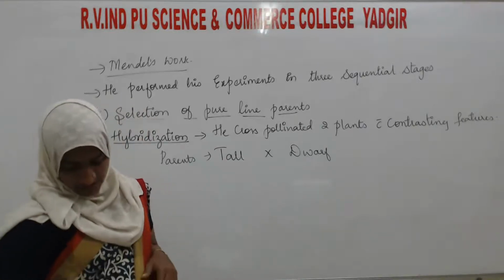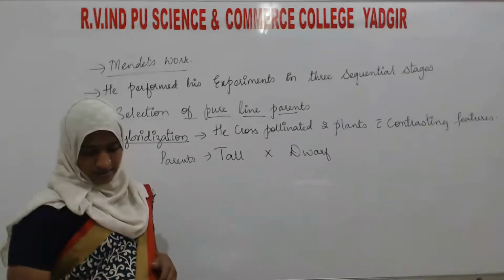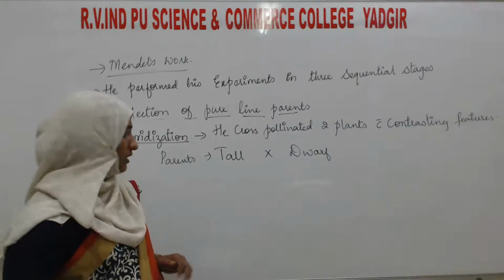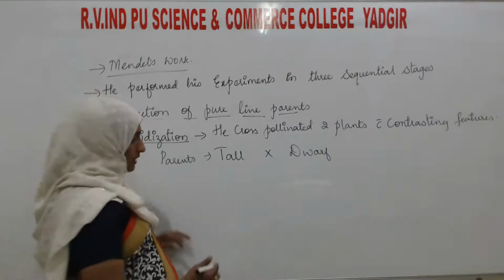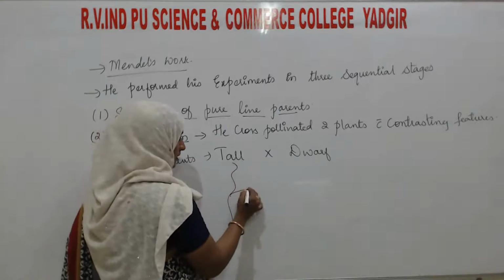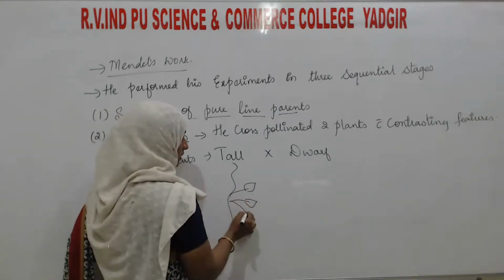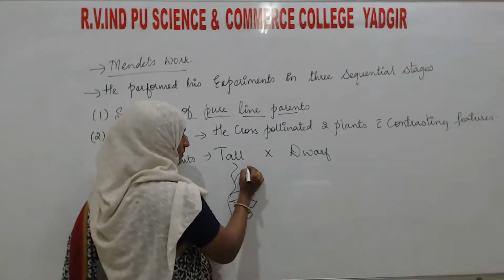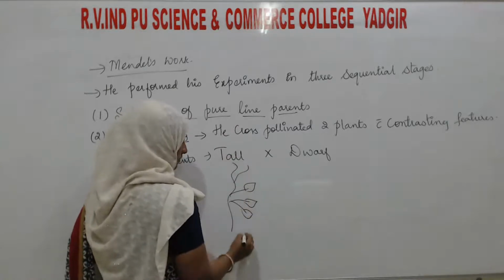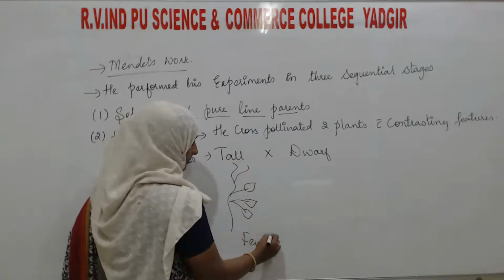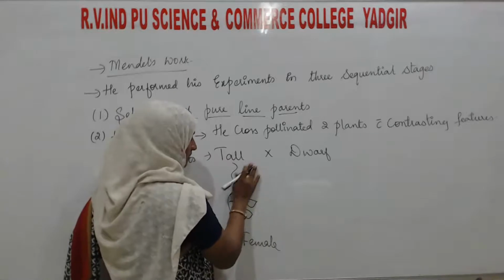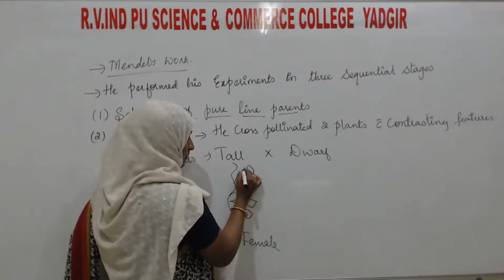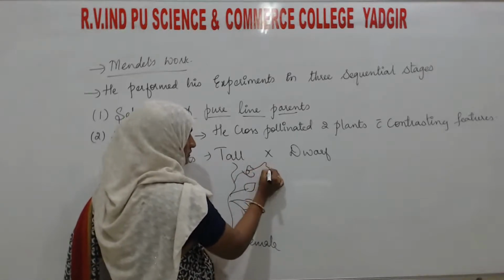While crossing, he took the pollen of one plant and dusted it on the stigma of another. For example, this is the tall pea plant, the female plant. This flower, this is the stigma.